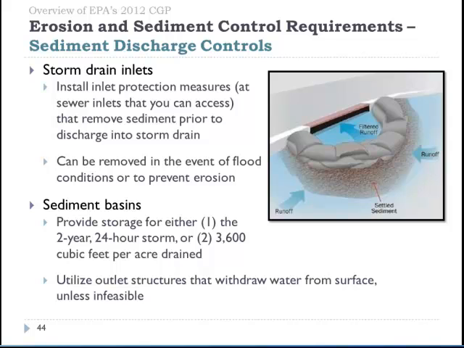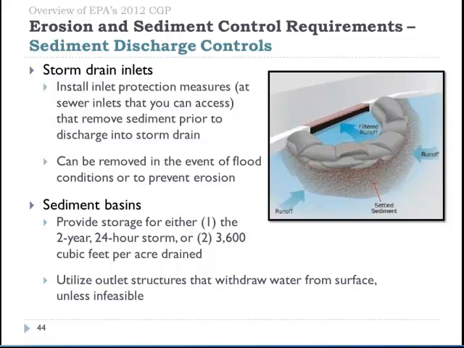In addition, there's requirements in the permit affecting the use of sediment basins or sediment ponds. These are requirements that appeared in the last permit that relate to sizing of the storm pond, and we include the same requirements, that is the 2-year 24-hour storm design storm, or the 3,600 cubic feet per acre drain standard.